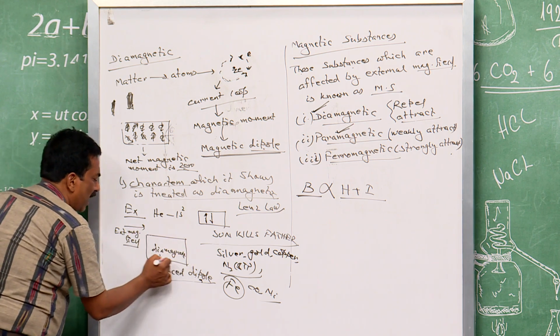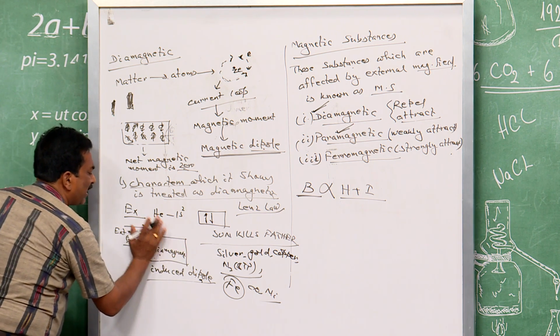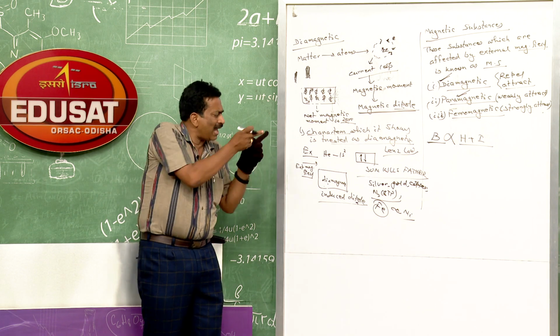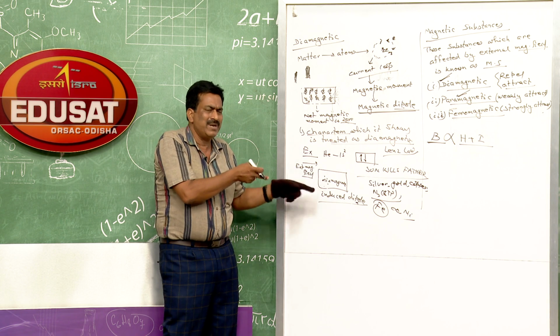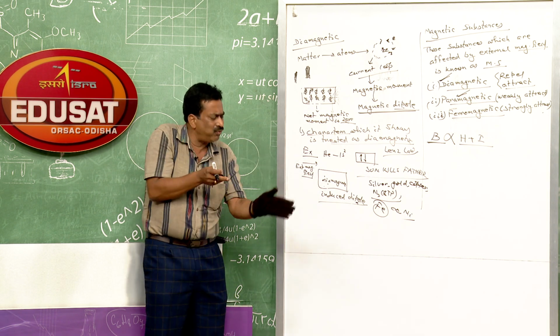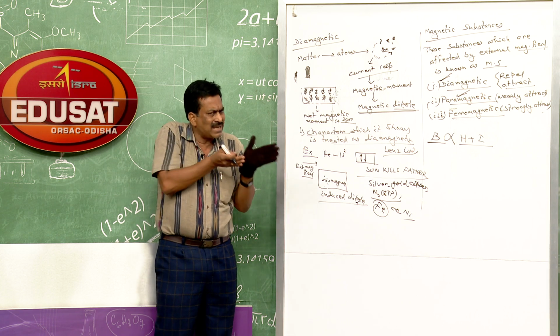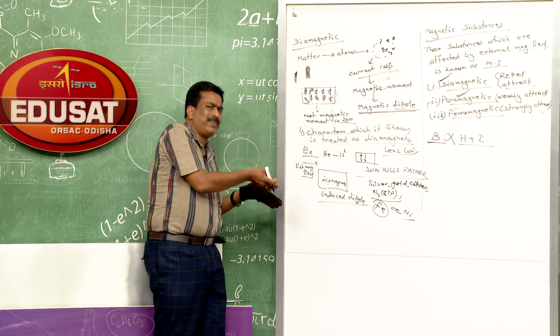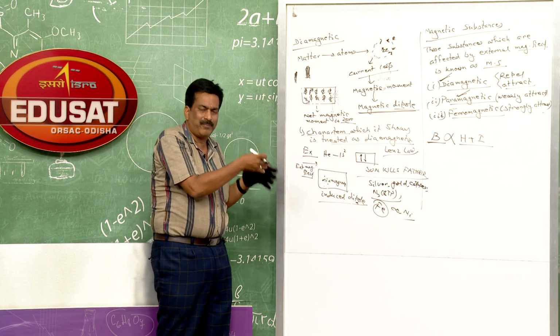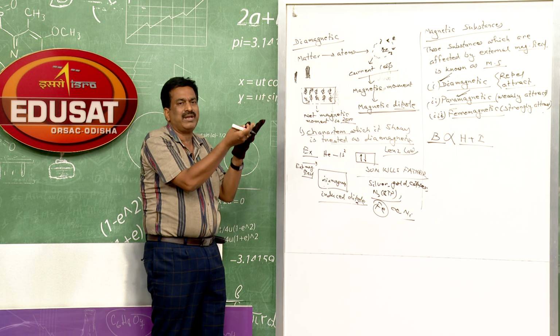Suppose this is the sample and some external magnetic field is given. That field will affect the substance, meaning the substance becomes magnetized by its influence. If the field has more power, the effect on the substance will go on increasing.